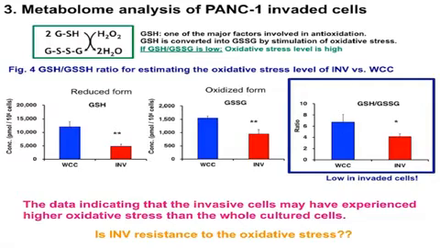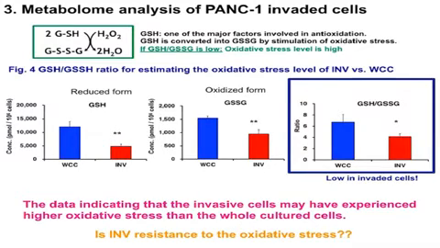Next, we calculated the indicators of arginine metabolism, because there were differences in the amino acids related to arginine metabolism. It is known that arginine is metabolized to citrulline by NOS, but arginine can also be metabolized to ornithine via arginase. So the ratio of citrulline to ornithine can be the indicator of the consumption of arginine by NOS versus arginase.